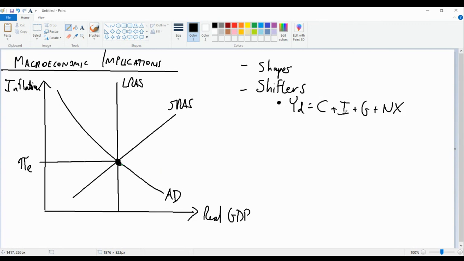And so if you remember this identity, then figuring out what might shift the demand curve comes down to anything that might affect any of these components of aggregate demand. So then taxes, transfers, expectations of the future, your wealth, the ease of borrowing, which has two parts, interest rates and financial frictions, government spending, income abroad, which might affect exports, and the exchange rate.